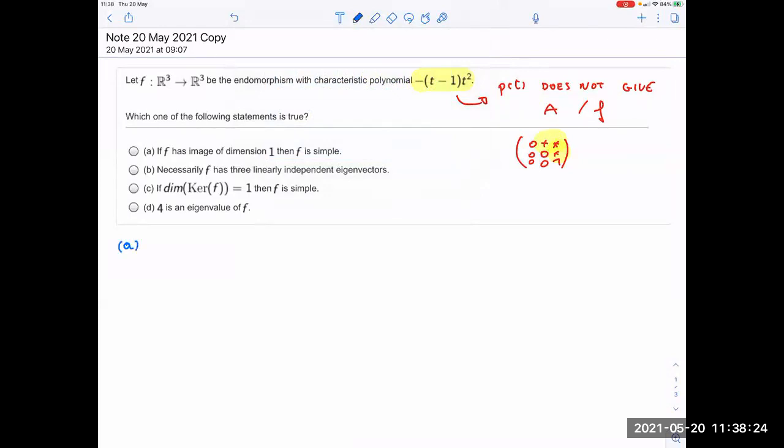A is saying that the dimension of the image of F is equal to 1 implies that F is simple. Remember that simple means that if you choose a basis in R3, then the associated matrix with respect to that basis used twice is diagonalizable, right?